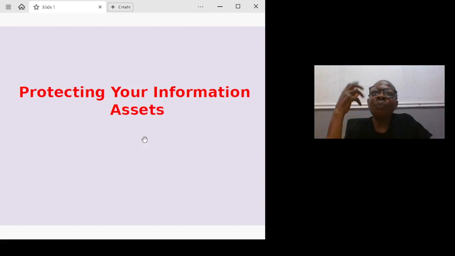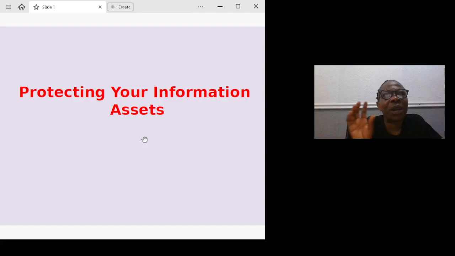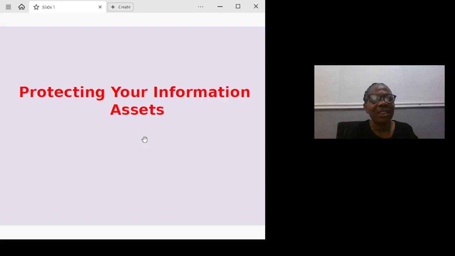Now, before we go ahead, let's assume that we've identified, we've classified, and we've done our risk analysis, even though we are coming up to discuss the risk analysis session after this. It's important for you to understand what you need to do to protect your assets.